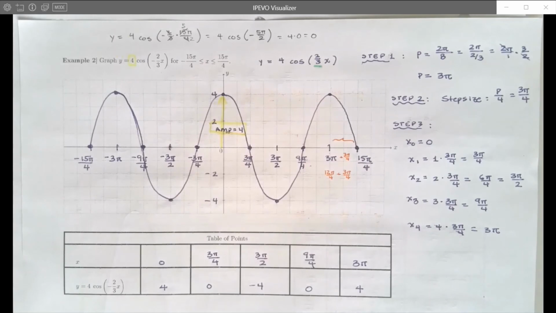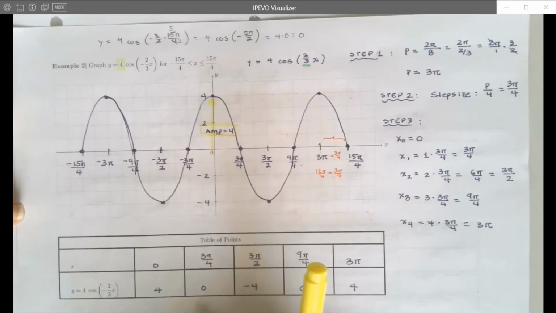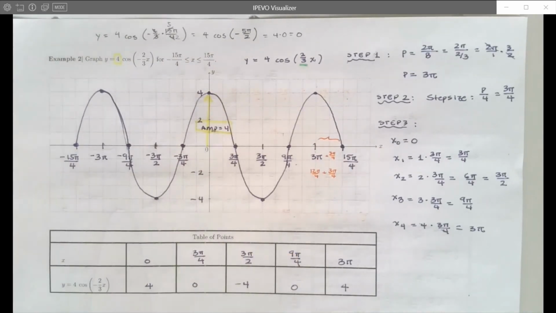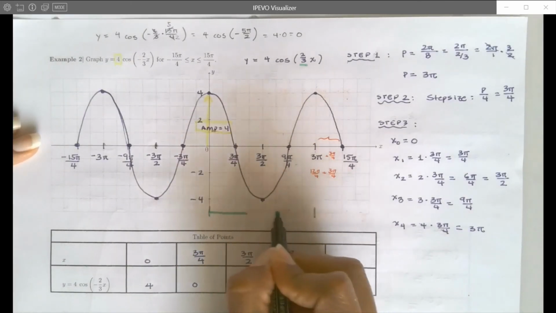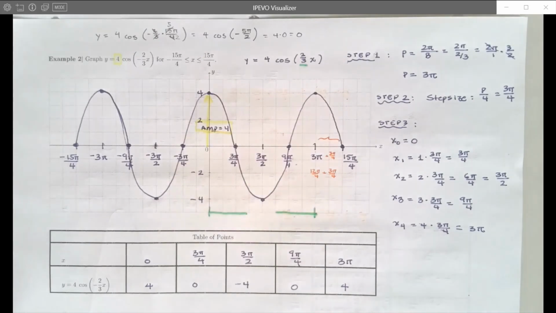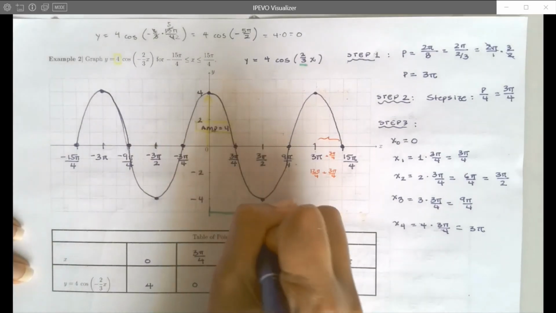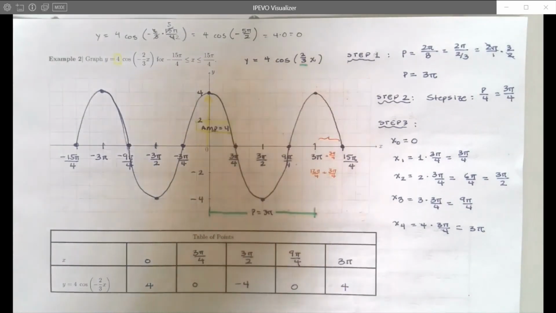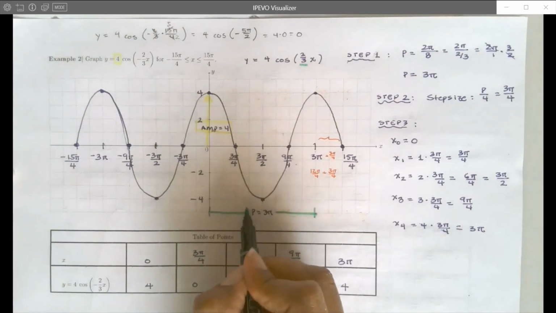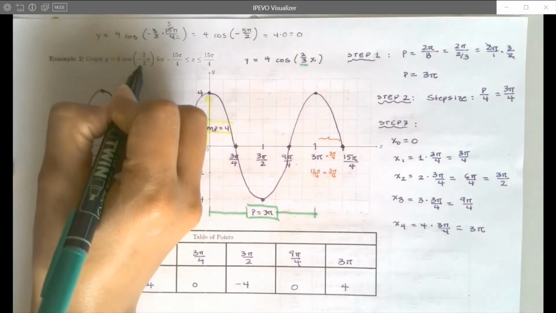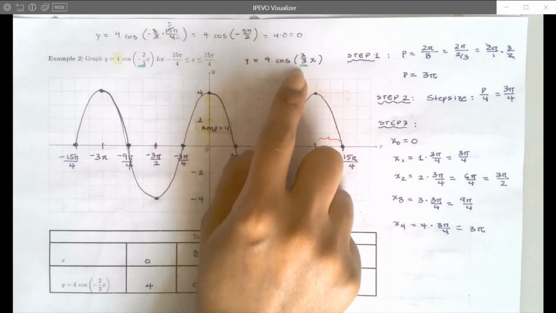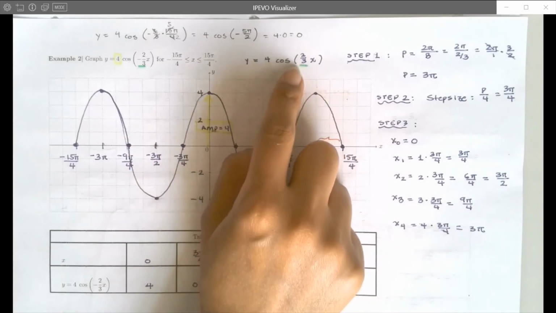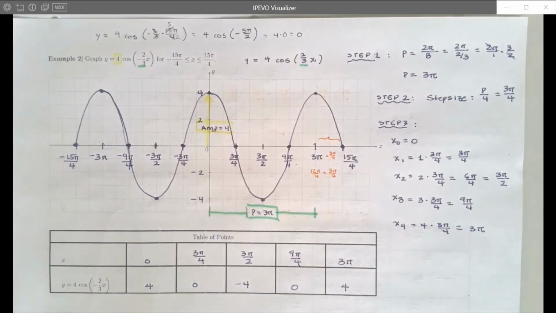And then the period, we found it to be 3 pi. So period is 3 pi. Does that agree with what we saw here for B? Well, for B, it says, if we're looking at the positive version of it, you're only going to be completing 2/3 of the cycle in 2 pi radians.